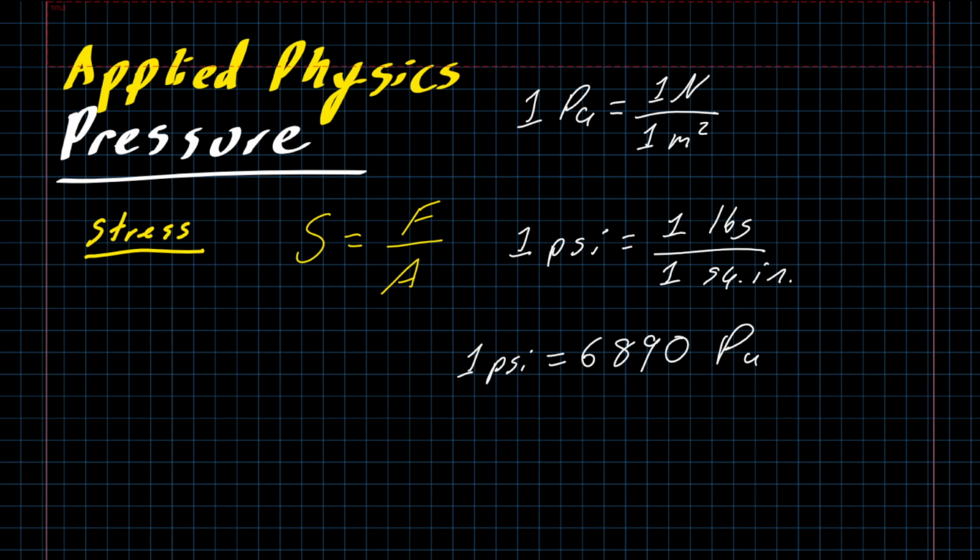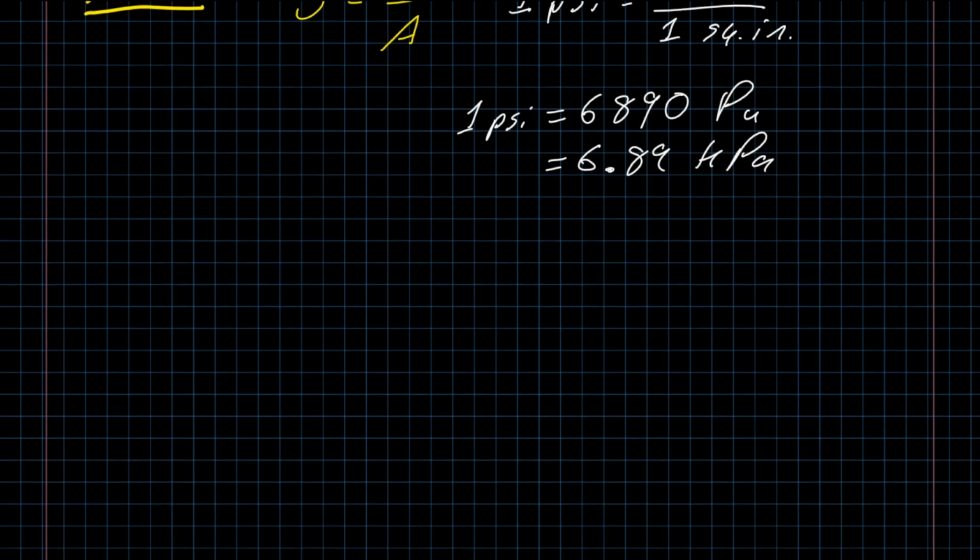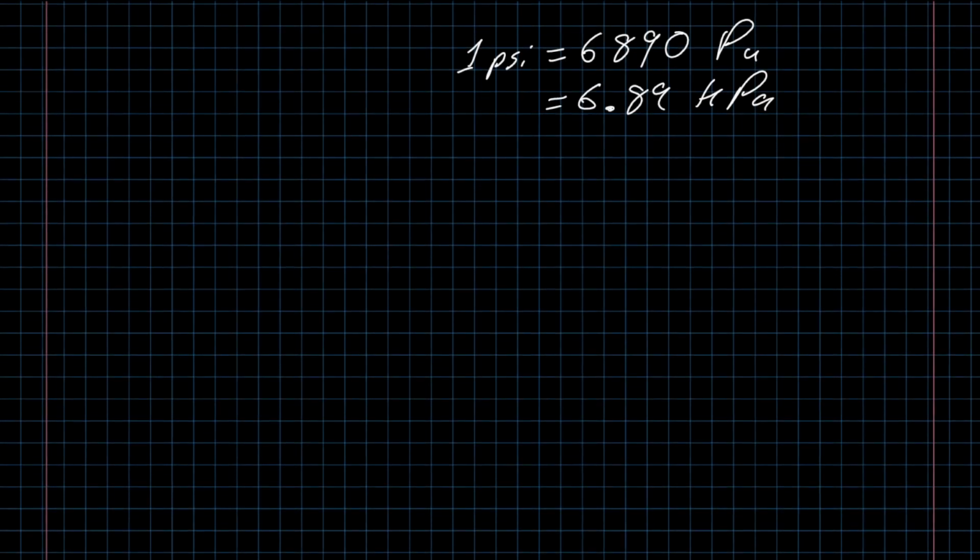And I think with that, it also becomes kind of apparent that the pascal isn't usually going to be the unit we want when we're talking about a stress. Instead, it will be a lot more useful to us to talk about kilopascals, thousands of pascals. And at that point, the units become a lot more reasonably similar in size.